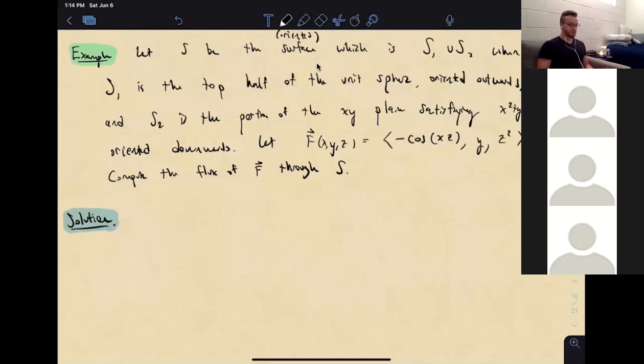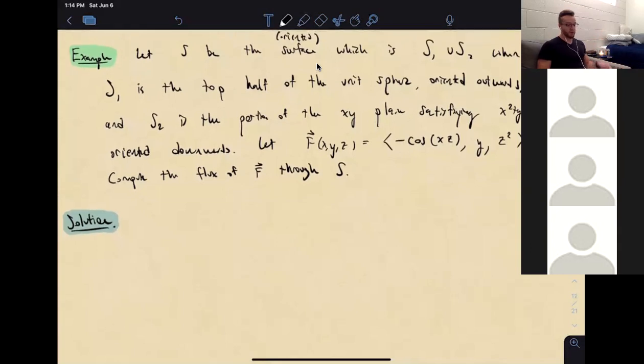I guess we can start with this one, since this is the first one I had pulled up. I think this is one that I had written last night that we didn't get a chance to do. So let's see. S is an oriented surface, which is, so this is kind of hard to read. What I'm saying is that S is the union of 2 surfaces, S1 and S2.